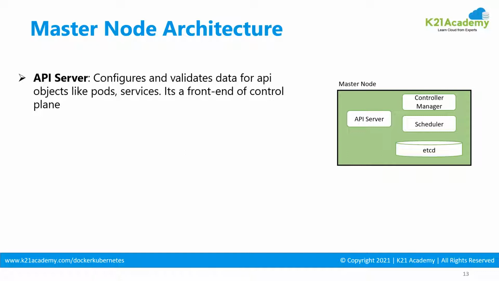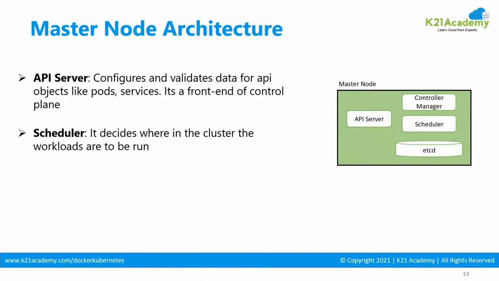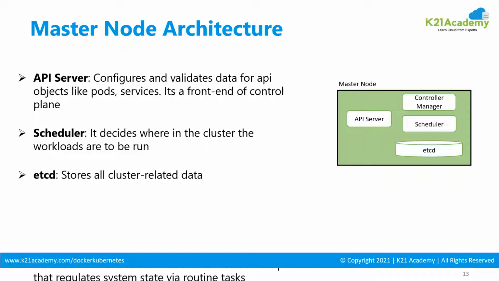It configures and validates data for API objects. How many services, pods, deployments are to be deployed is managed by the API server. The scheduler decides where in the cluster the workload will run, and etcd stores all cluster related data inside the database in key value format.